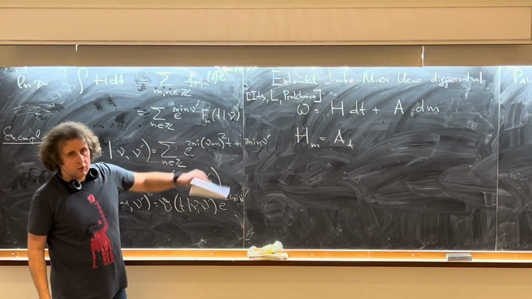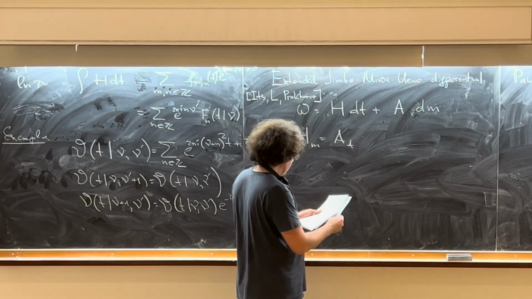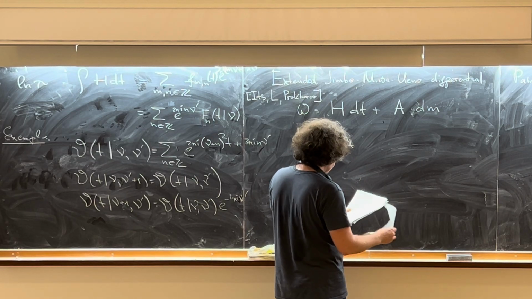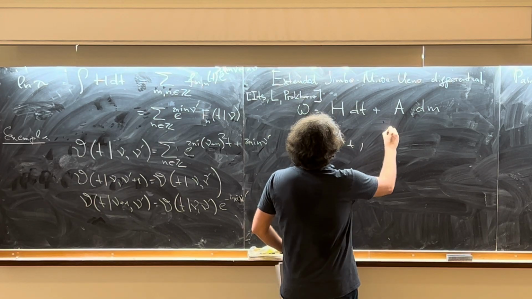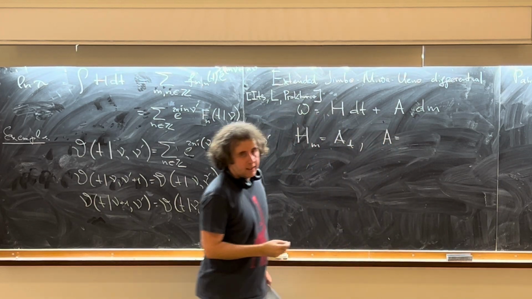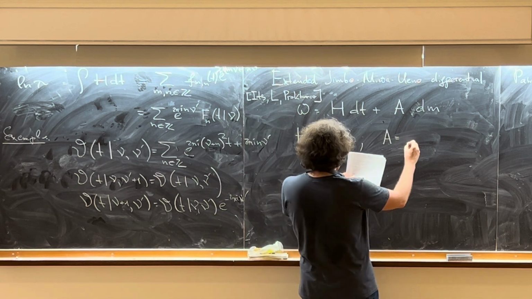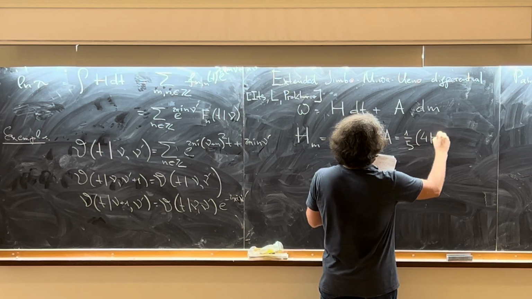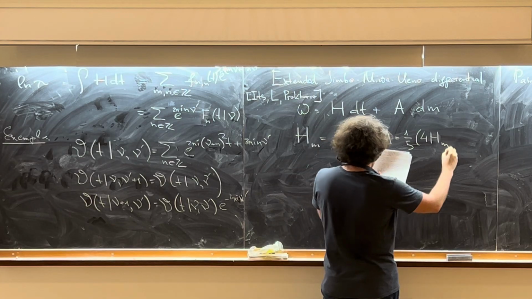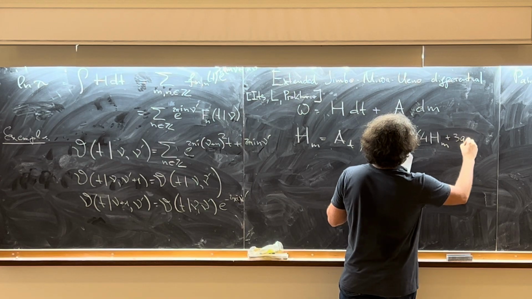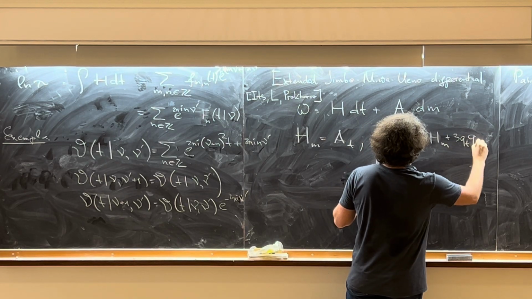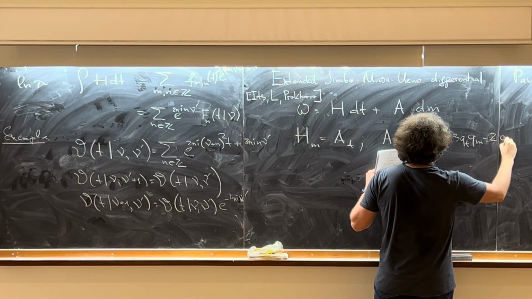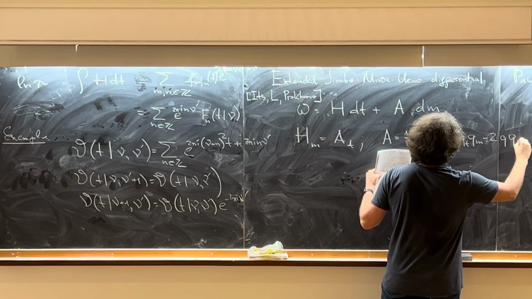And looking at the form of h, it is very easy to check at least that one possibility for a is to put a equal to 1 over 5 for h_m plus 3 q_t q_m minus 2 q q_tm.